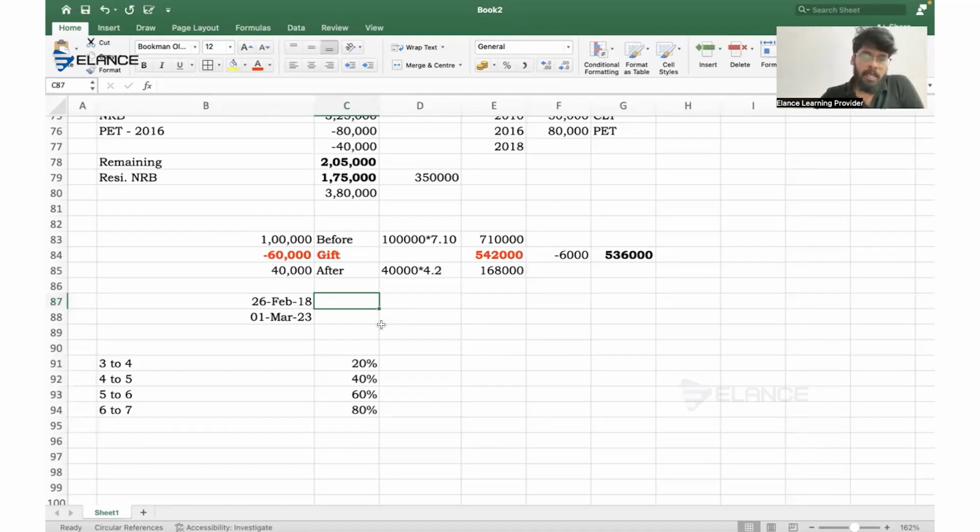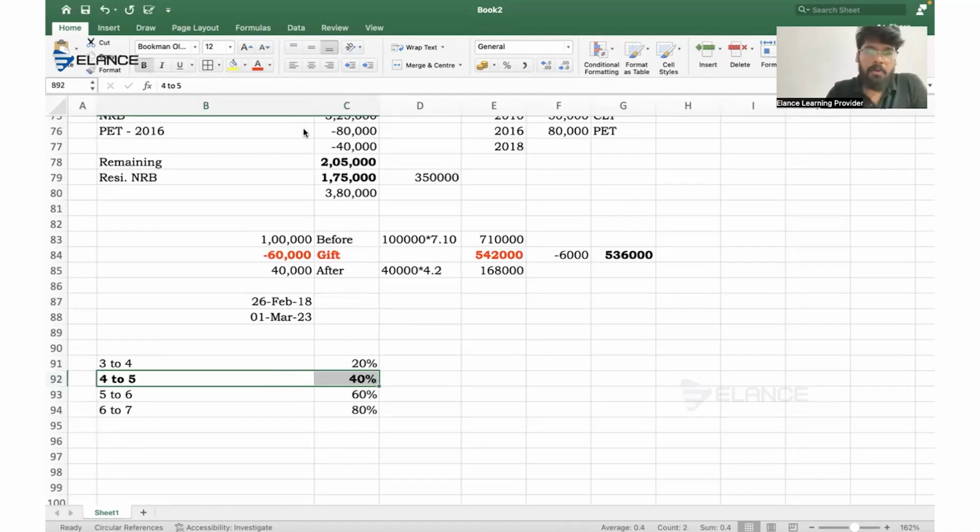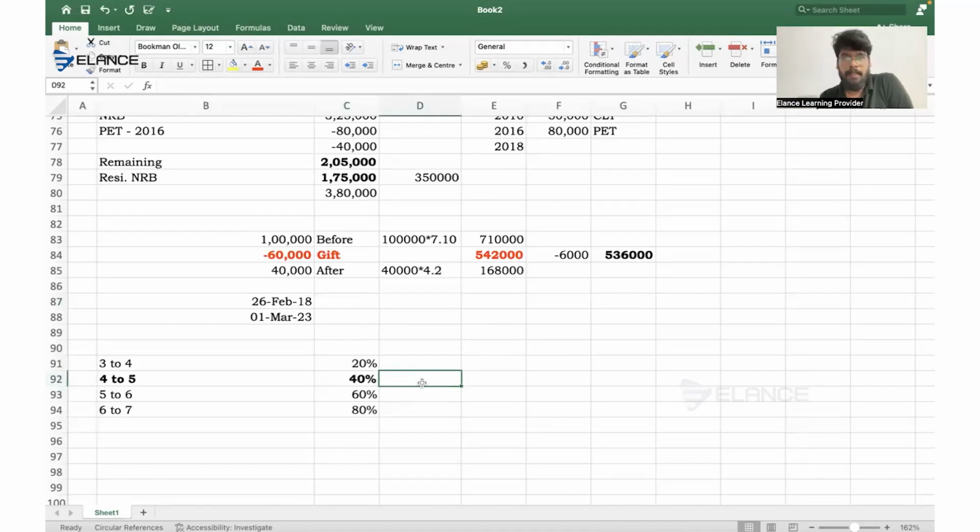So after making this transfer, he was alive for between 4 to 5 years. So he'll get 40% taper relief on the death. So the answer will be 40%.